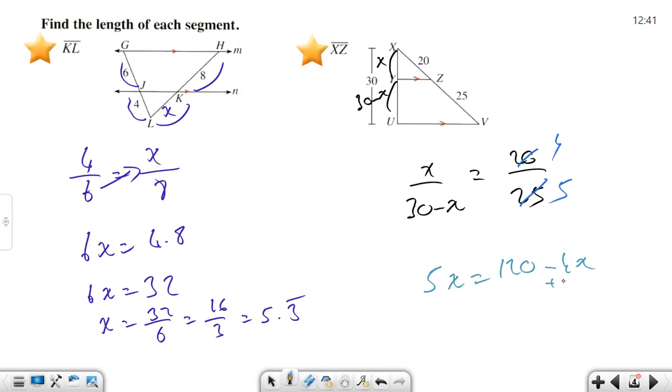So to simplify this, I need to add 4X to both sides. 9X equal 120.